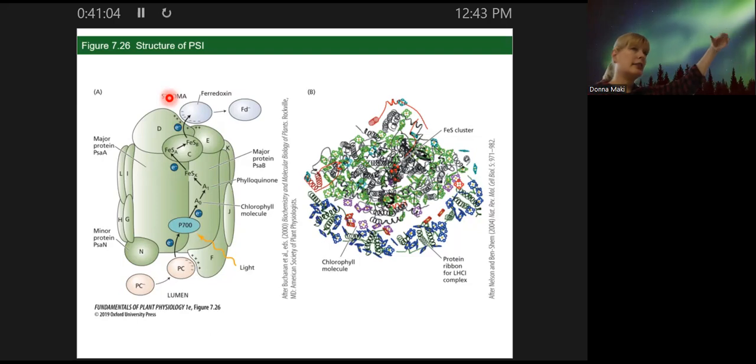And so the ferredoxin docks there. It's like, okay, I'm ready whenever you can, give me an electron. And so ferredoxin will get that electron, and as soon as it does, it will disassociate off photosystem 1 and start moving around in the stroma because it has to find one more player in the game. That's crucial.